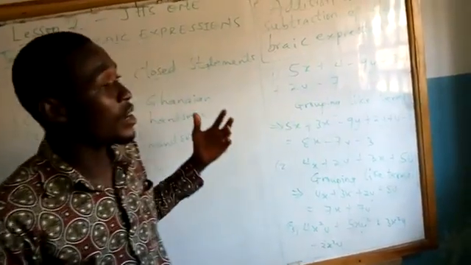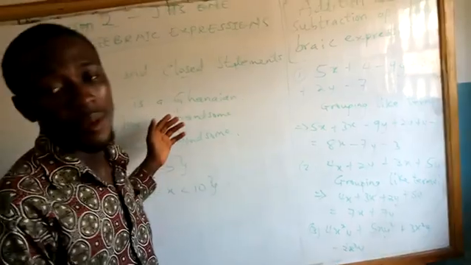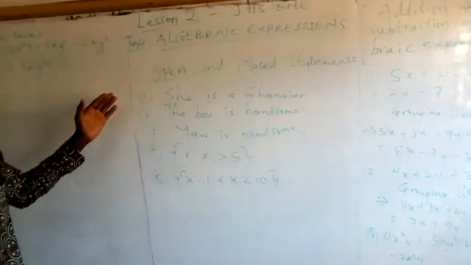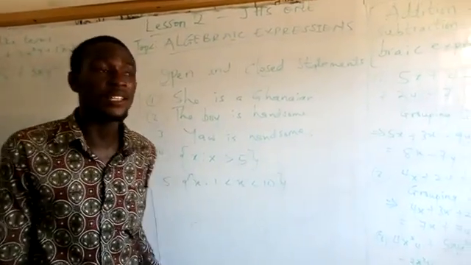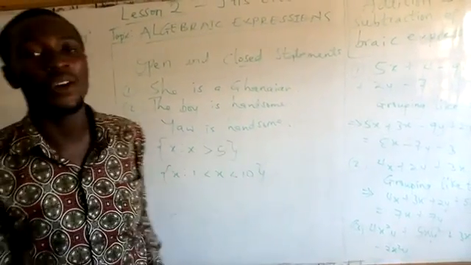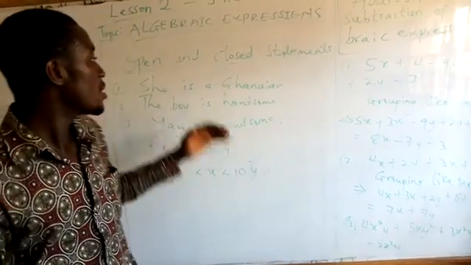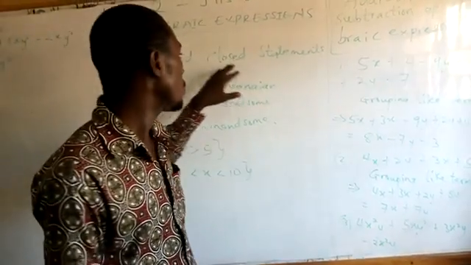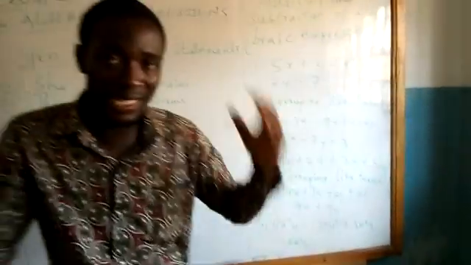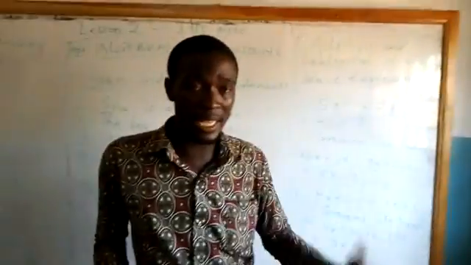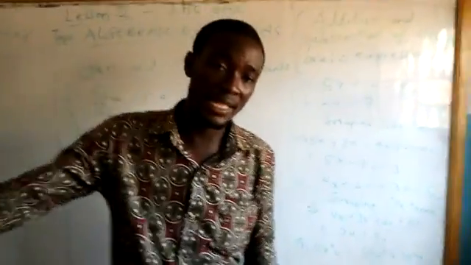Alright, so let's look at these mathematical statements and find out whether they are open or closed. Like I said, the open has no limit, but the closed has limits. We know where it is beginning from and where it is ending.